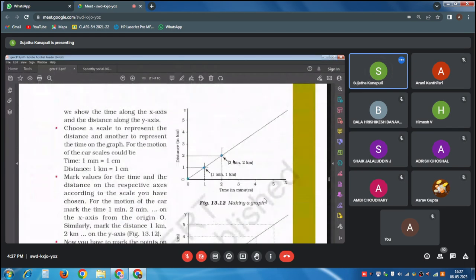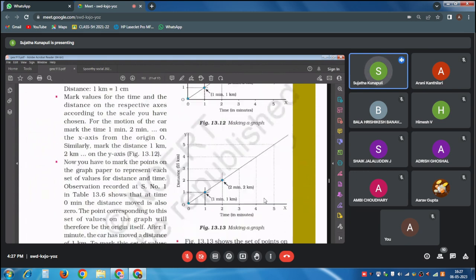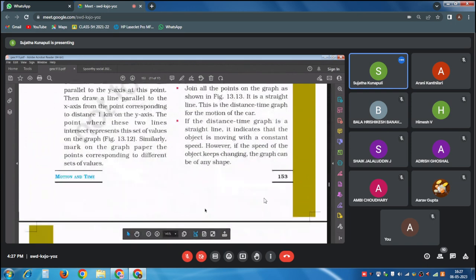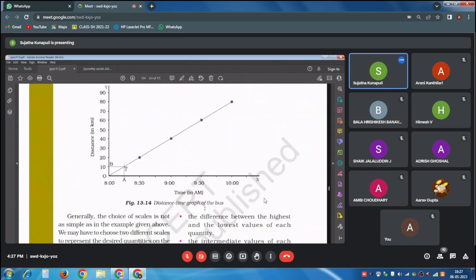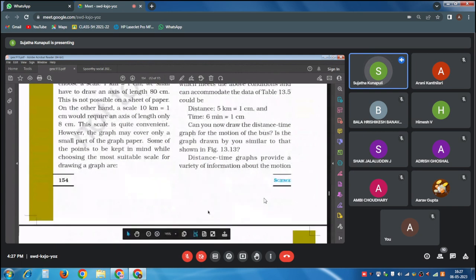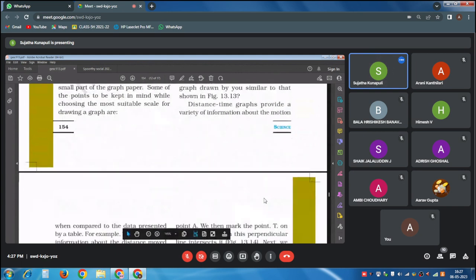Time we take on the x-axis and distance on the y-axis, and 1 minute is equal to 1 centimeter. All those things, how we take them, the book tells in detail. So this part we will continue on Monday.